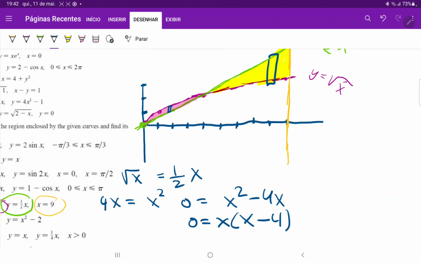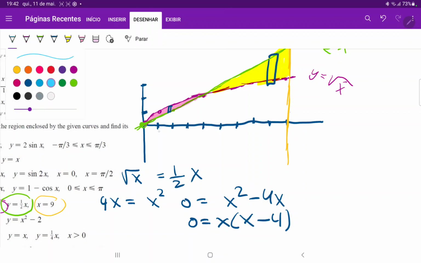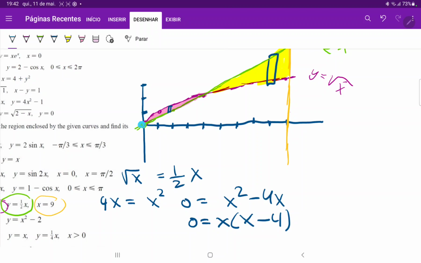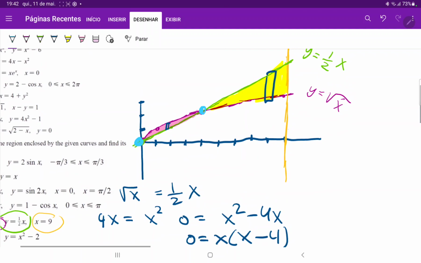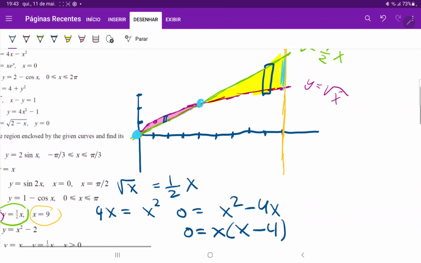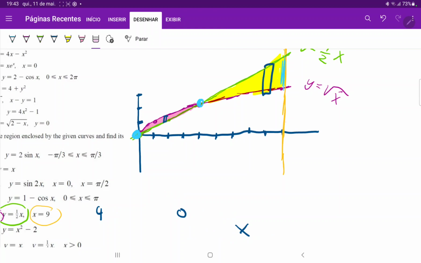So we can see that their boundaries are, let's draw this in a different color, the point 0 over here, the point 4, and lastly at 9, right, defined by this line. Okay, so once we have this, we are ready to set up our integrals, because it's multiple.